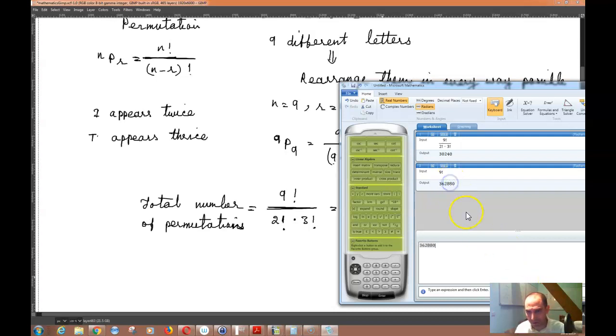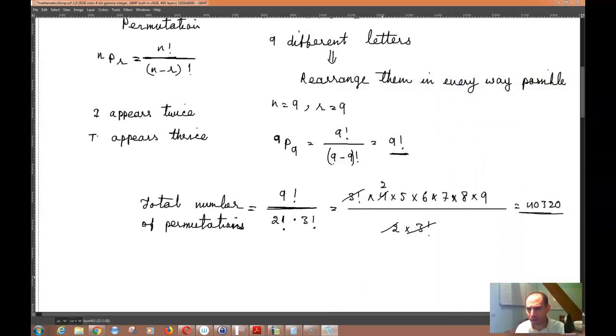So this divided by 12 is equal to 3,240. It seems that I made a mistake there. So that's supposed to be 3,240. I don't know where I made the mistake, but that's the right answer.